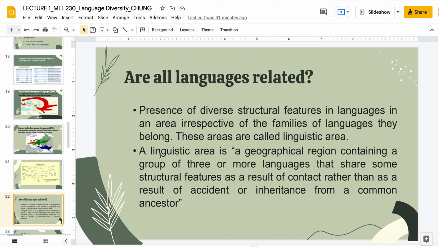It could be a result of contact, which means that French and Spanish might have a common ancestor, but they might just be similar because they're next to each other, right? Like if you're from a border town, you're going to be able to speak both languages very, very fluently. So you can go back and forth between those two, right?